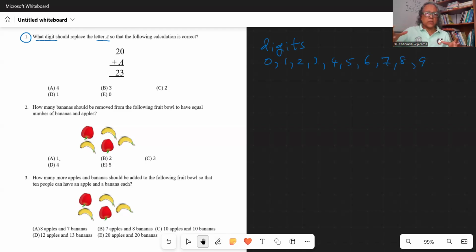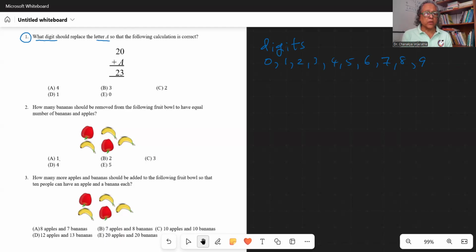Using these 10 digits, we can write any number, any big number you can think of. That's actually a beautiful thing. Using only 10 symbols, 10 digits, we can write any number.